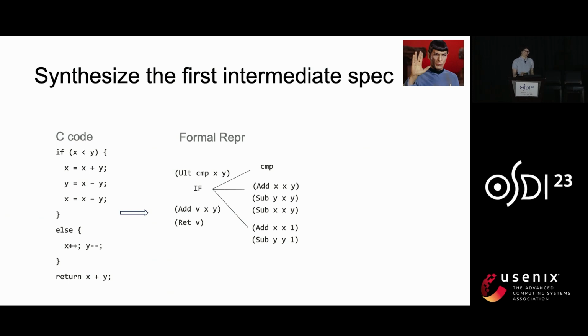To generate the spec for it, we simply traverse the tree and aggregate each small step of the code to form a big step, like this. We start traversing the tree and collect the behavior of the code. When we enter an if statement, we create a template step for it, and we fill in the details and aggregate the behavior of the small steps.